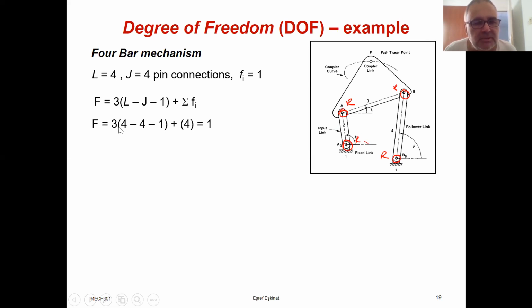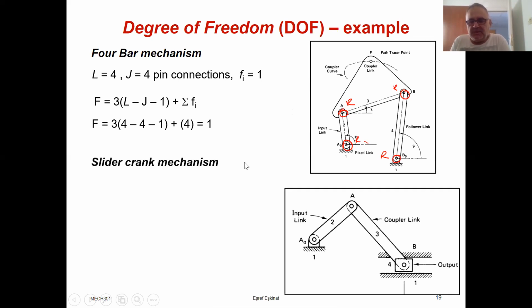Minus 1 times 3 is minus 3 plus 4. Minus 3 plus 4 is 1. This is as expected. As we expected, the number of degrees of freedom of the 4-bar mechanism is simply 1.